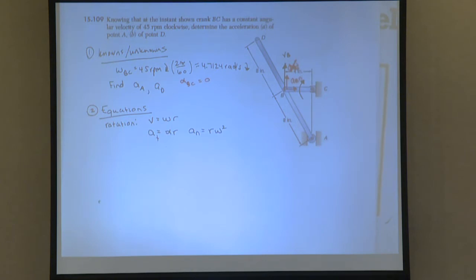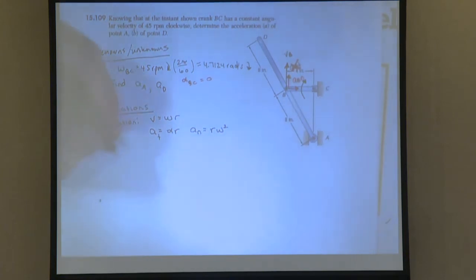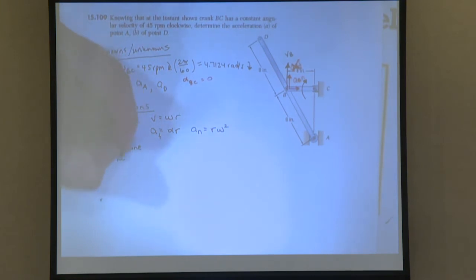Now let's talk about the other rod. So what kind of motion do you guys think that one has? You said translation. You said general motion. So why do you say general motion? Let's just write down the equation for it. What's the equation for general motion? Good.